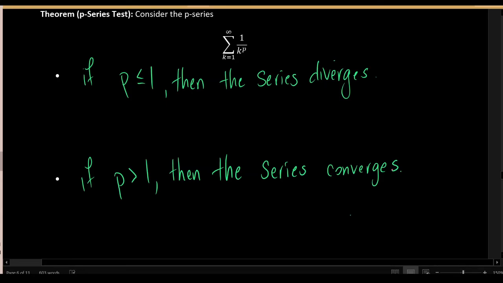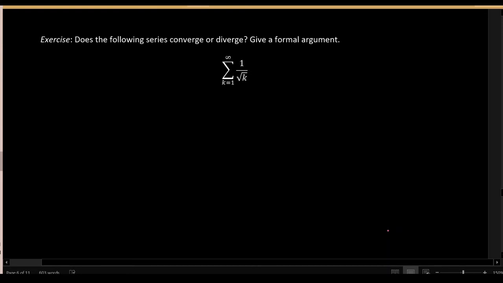So, having invested all of this work into the p-series test, let's go ahead and have some fun using it to quickly determine convergence or divergence of a few following series. For example here, does the following series converge or diverge? And let's give a formal argument. We have the series where the formula is given by 1 over the square root of k. So in other words, 1 over k to the power 1/2.